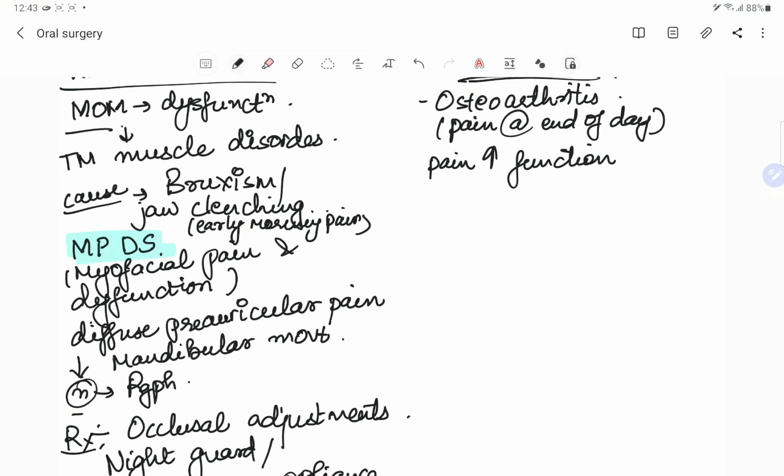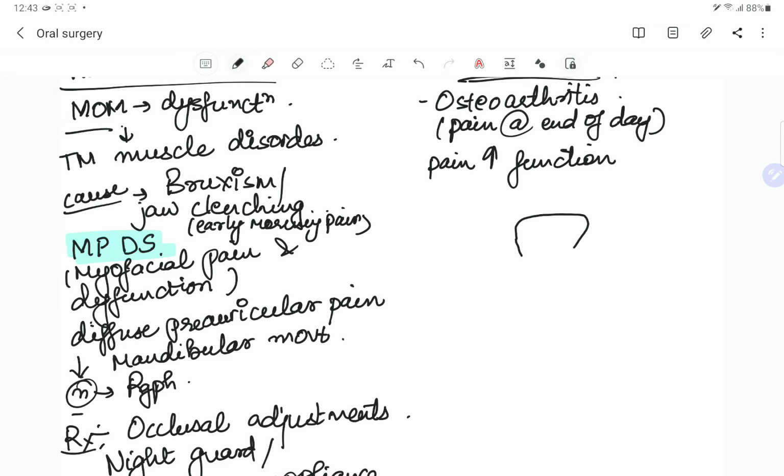And one more important thing is that I told you in MPDS there are no radiographic changes. But in case of degenerative changes, this is the condyle, this is the condylar head. It starts undergoing erosion.